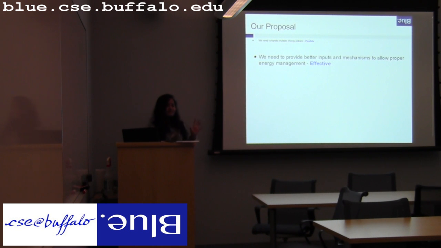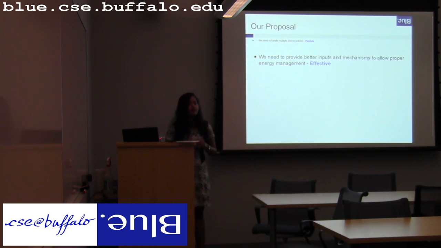Now, we have all these multiple policies to address our different expectations, but are these policies well armed? Do they have the information they need to actually effectively control energy? Now, one would say that we have energy measurements, which are pretty accurate. Isn't that enough for these policies?